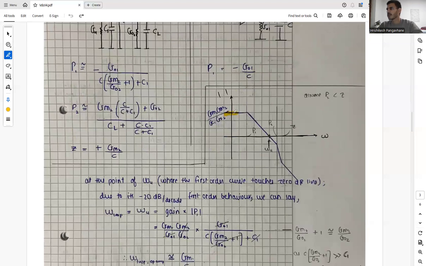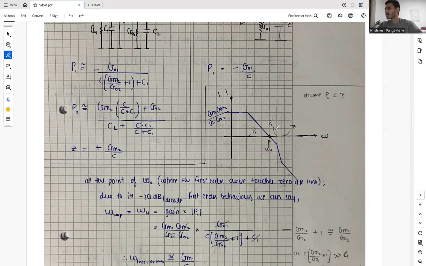So let's plot a Bode plot of our two-stage op-amp. It will start at its DC gain, which is GM1 GM2 upon GO1 GO2, and then it will have its minus 20 dB per decade slope at pole P1, and it will reach unity gain at the 0 dB point, that is our omega u, or unity gain frequency.